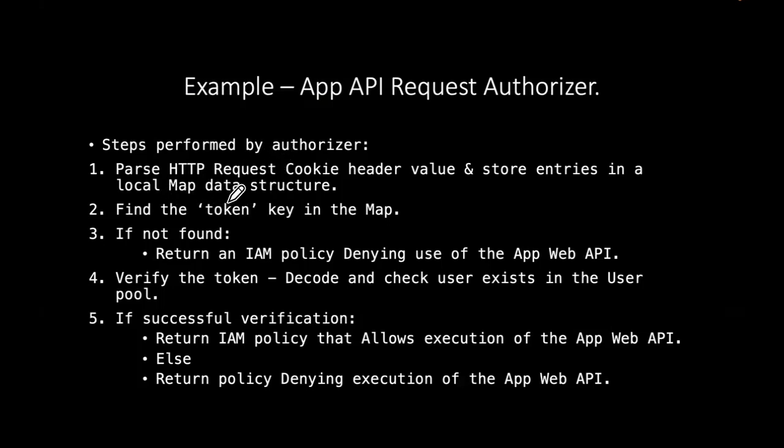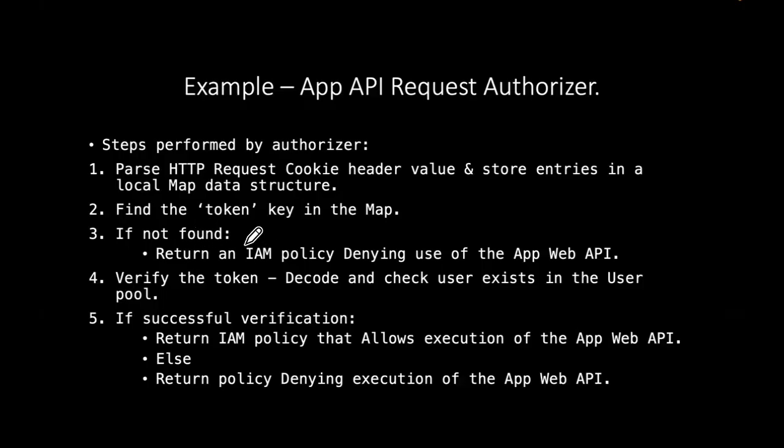So eventually, let's say I find a key called token in what I'm calling my cookie map. Of course, if there is no key called token, then I know a JWT token wasn't included, and so my authorizer should return.